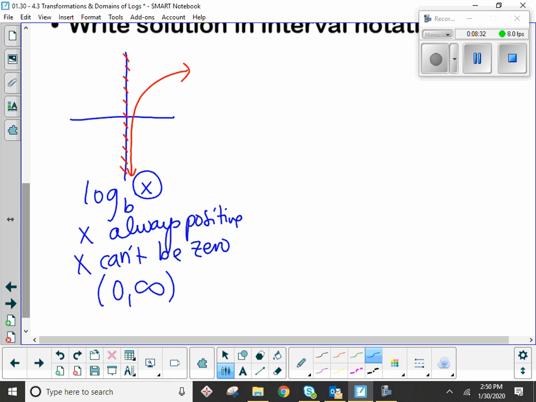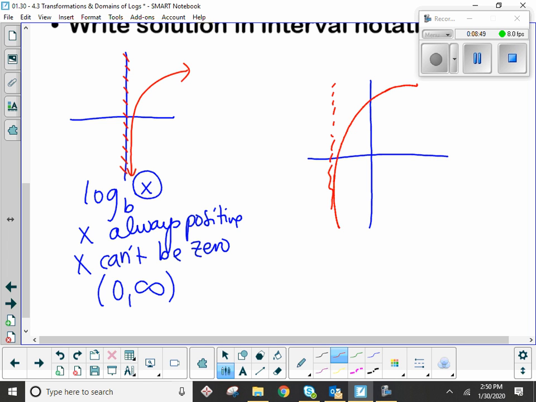That would change anytime you shift the graph around. So let's say I didn't have the parent or base graph. Let's say I had this instead, where this right here is -2, 0. Now what happens is some negative values will work.